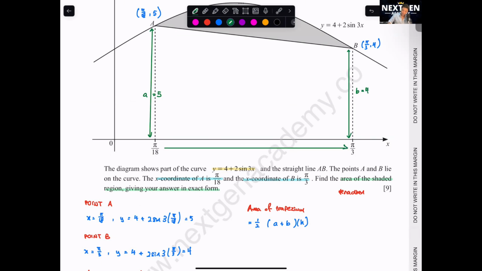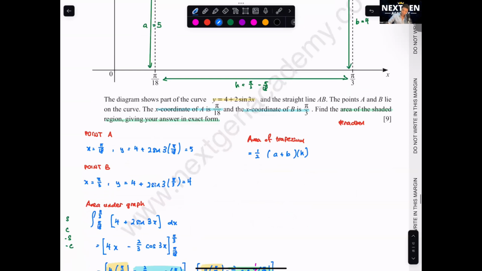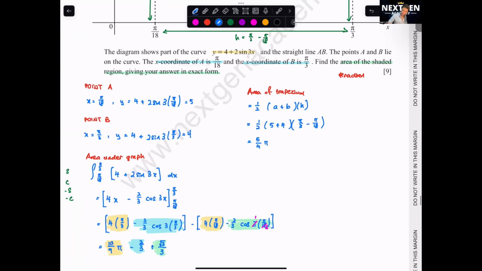This is the height. Height will be pi over 3 minus pi over 18. Substitute into the formula: 1 over 2, 5 plus 4, times pi over 3 minus pi over 18. We get 5 over 4 pi.